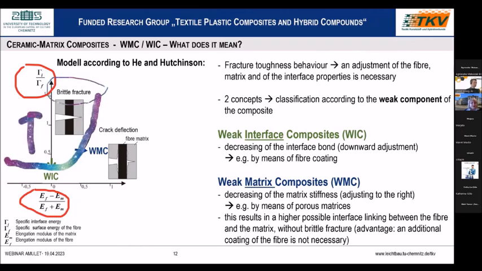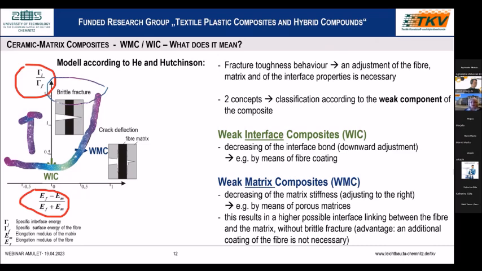Below the boundary curve, at low interfacial bonding, crack deflection occurs at the fiber matrix interface, which leads to interfacial detachment or debonding. Above the boundary curve, the interfacial bonding is too high and no crack deflection occurs. Thus, the crack completely penetrates the fiber and brittle fracture of the composite occurs.